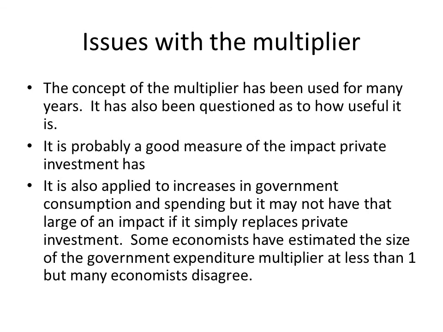Many economists agree. Now, why do they think it's so small, or less than 1? Well, the reason they think that is simply because in order for government to spend, they have to take it out of the private sector. Later we'll discuss that. It's called crowding out. So, for instance, if the government takes $1 away from me and then they spend it, what's happened? Not much.